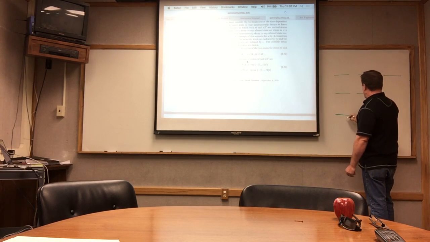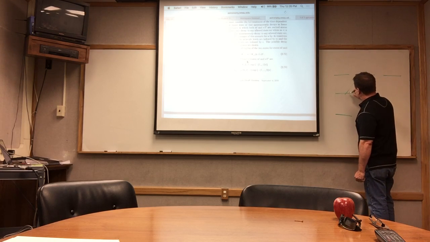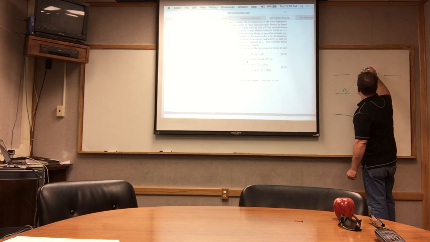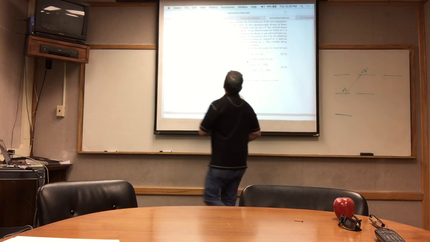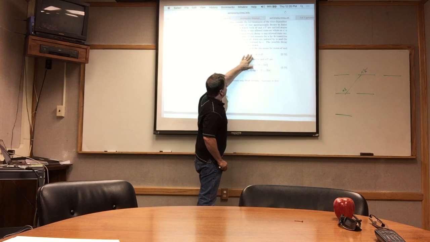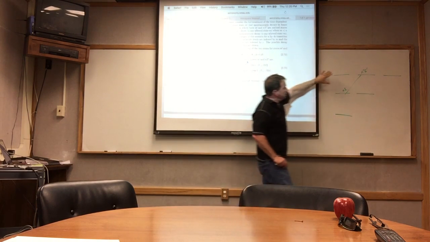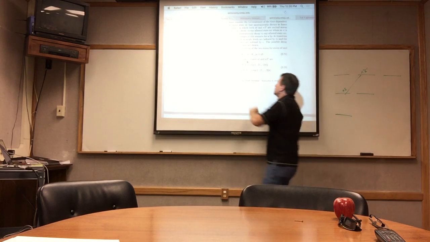So let's pick that one. This is NL, and this is N prime L prime. Multiplication, the square, overall volume of the complex conjugate of this wave function multiplied by this wave function.